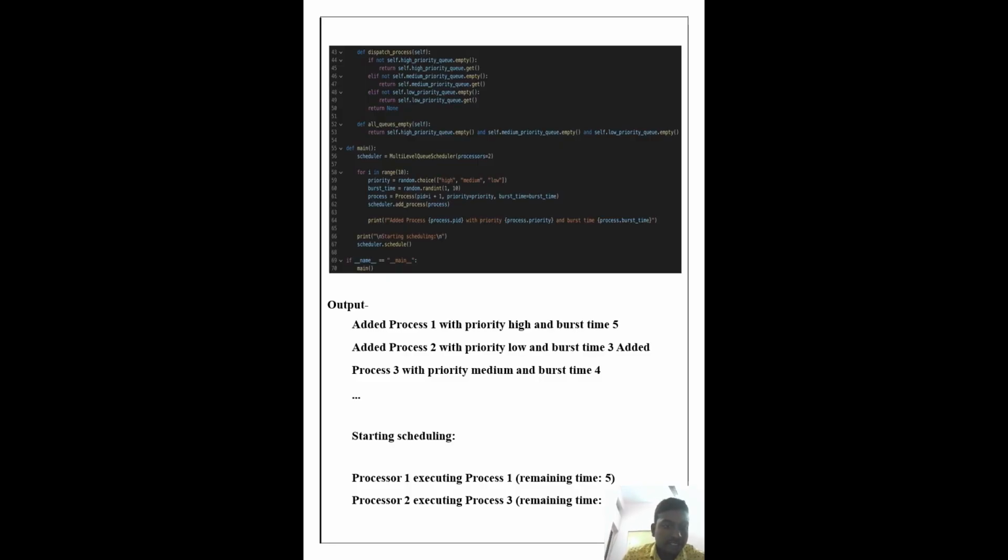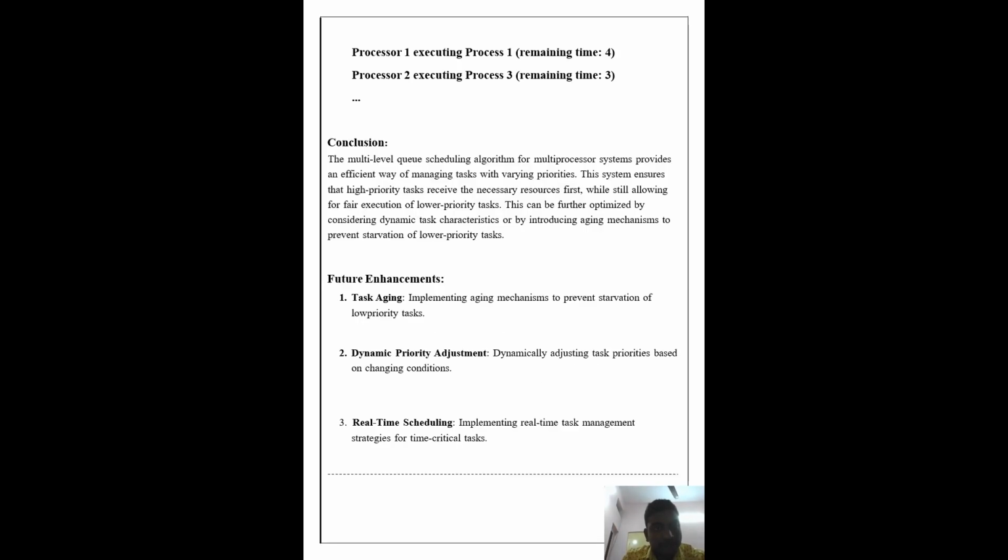Added process 3 with priority medium with burst time 4. Starting scheduler. Process 1 executing, process 1 remaining time 5. Process 3 remaining time is 4. Process 1 executing, process 1 remaining time 4. Process 2 executing, process 2 remaining time 3.